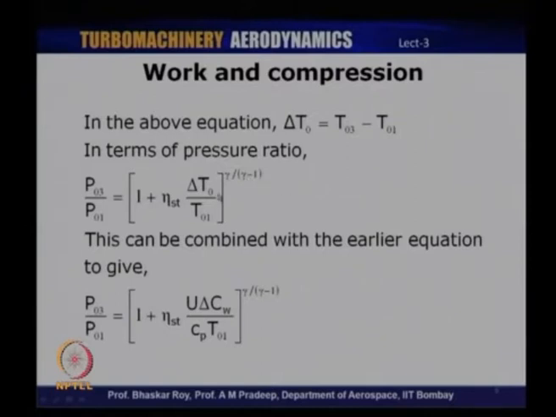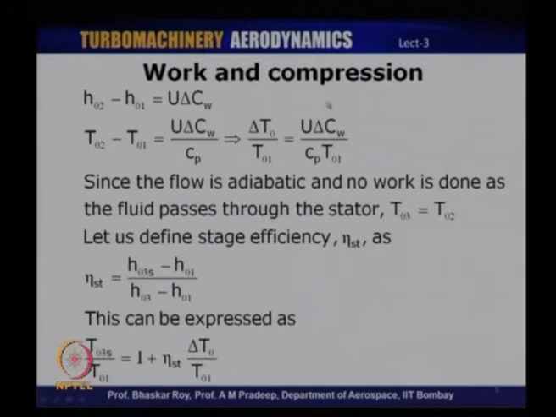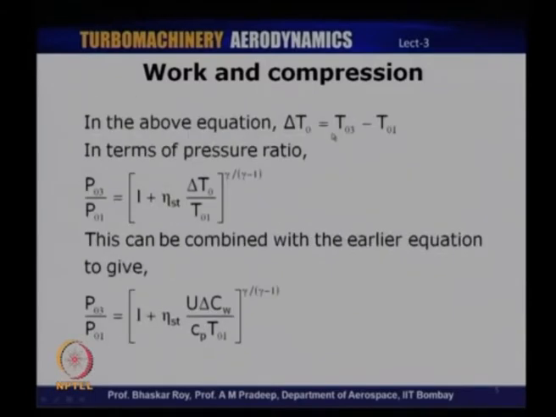We will combine this with the previous expression for delta T naught by T1 in terms of the components from the velocity triangle, that is, u times delta CW. What we get is P03 by P01 is 1 plus the stage efficiency multiplied by u times delta CW by CpT01, raised to gamma by gamma minus 1.